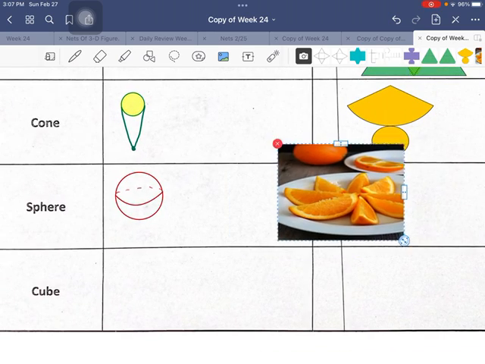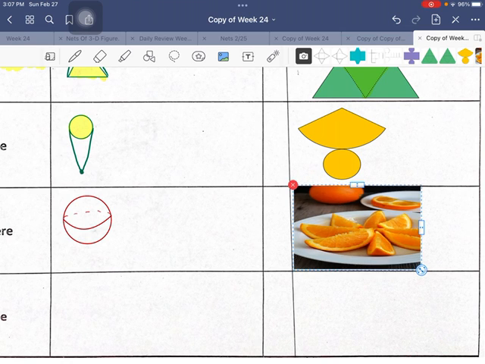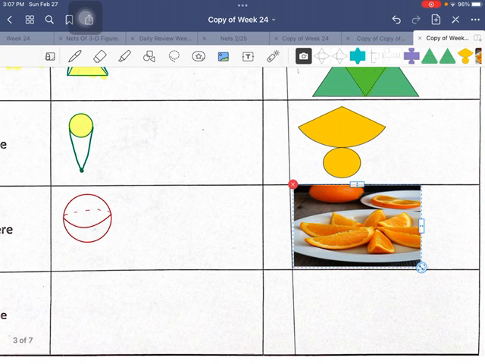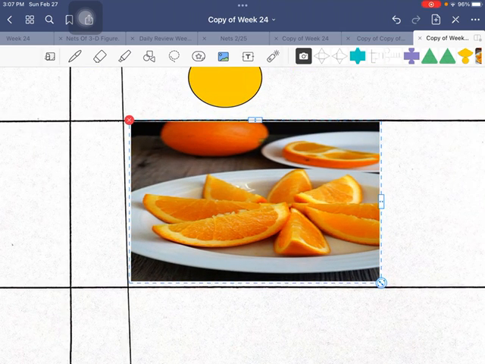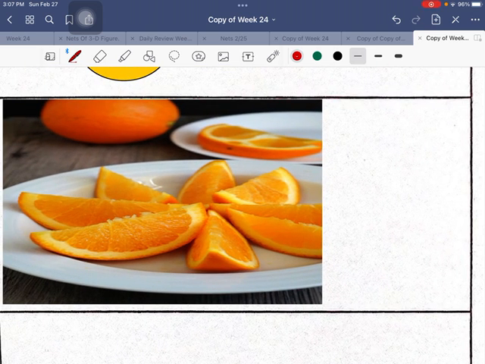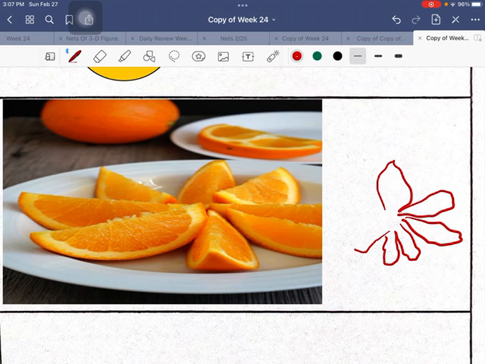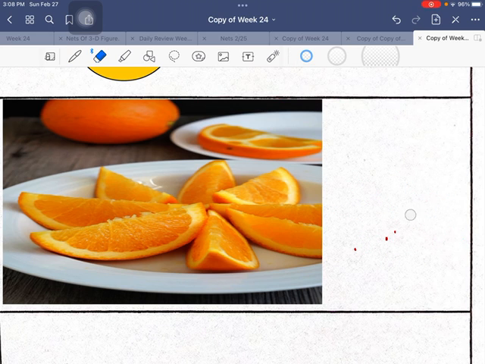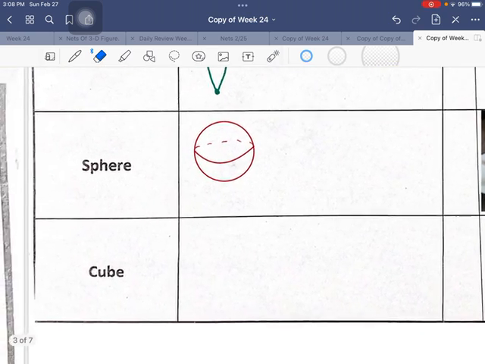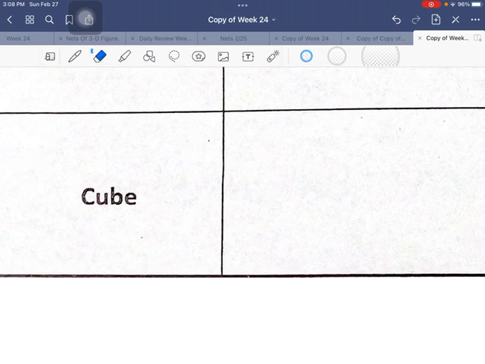That's how you separate it. So it will look like this in a way. Yeah, like I said, like a flower. Más o menos así. Not that good, but don't worry that much about it. That's the sphere.